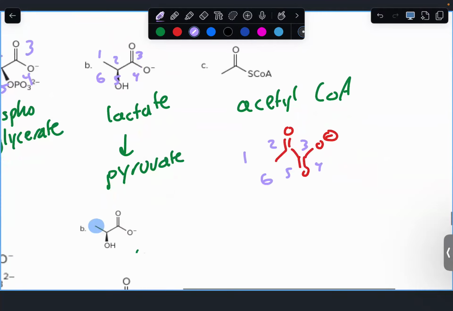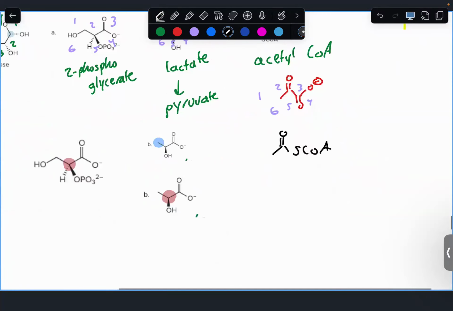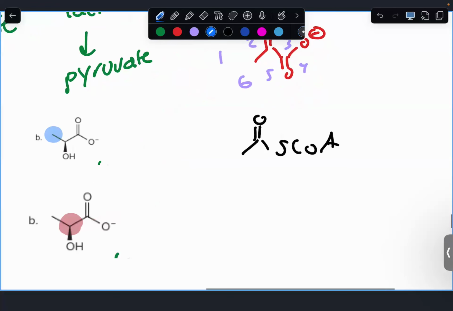I'll just draw this out this time because it's an easy molecule. Where does carbon 1 show up in acetyl-CoA? It's just this one right here. Now, where's carbon 5?